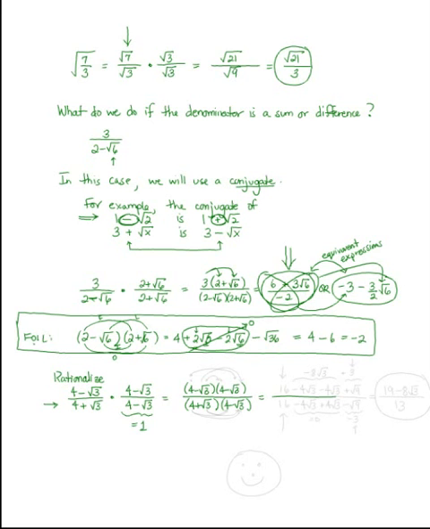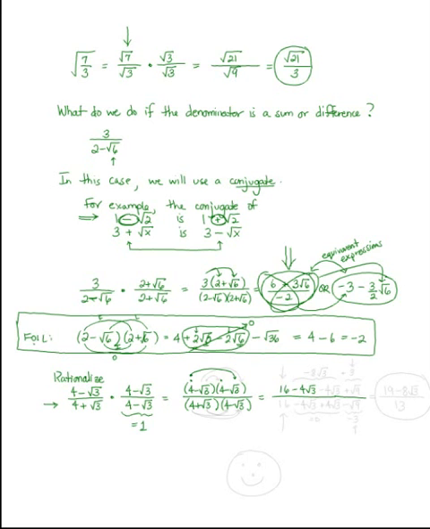FOILing the numerator, we have 4 times 4, first times first, which is 16. We have outside times outside, minus 4 square root of 3.